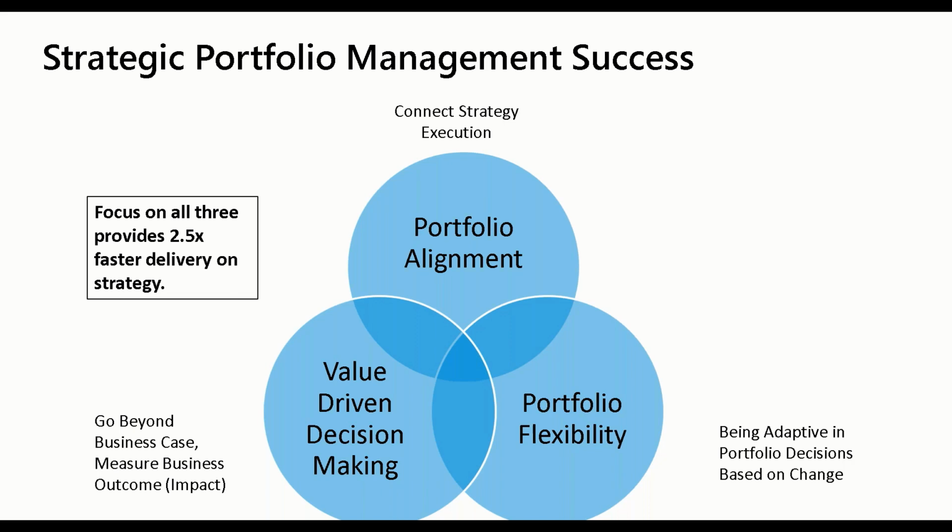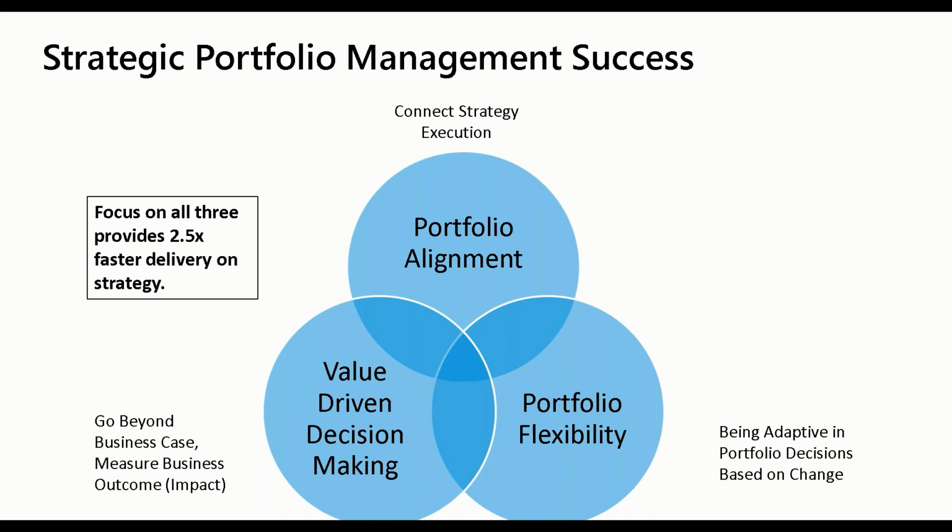The second is on the left, value-driven decision making, going beyond the business case and actually focusing on that business outcome that I talked about, and being very precise in developing that business case, being objective rather than subjective in the selection criteria.